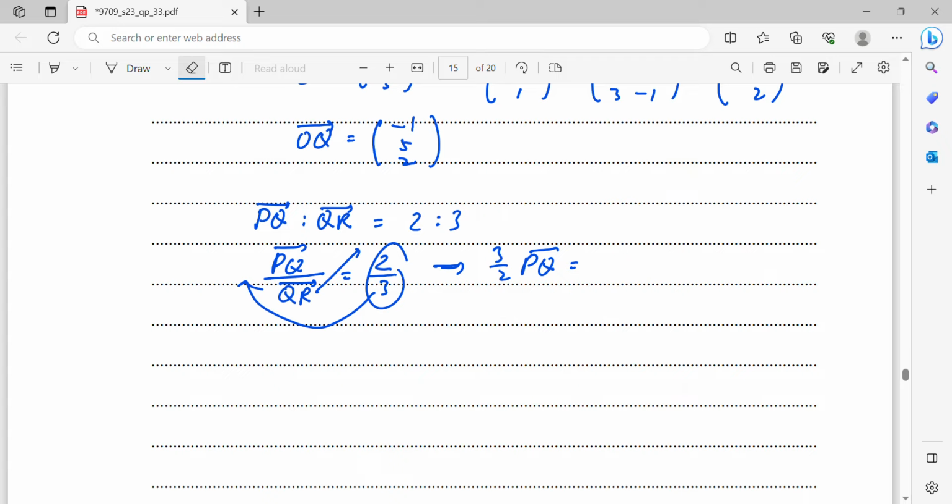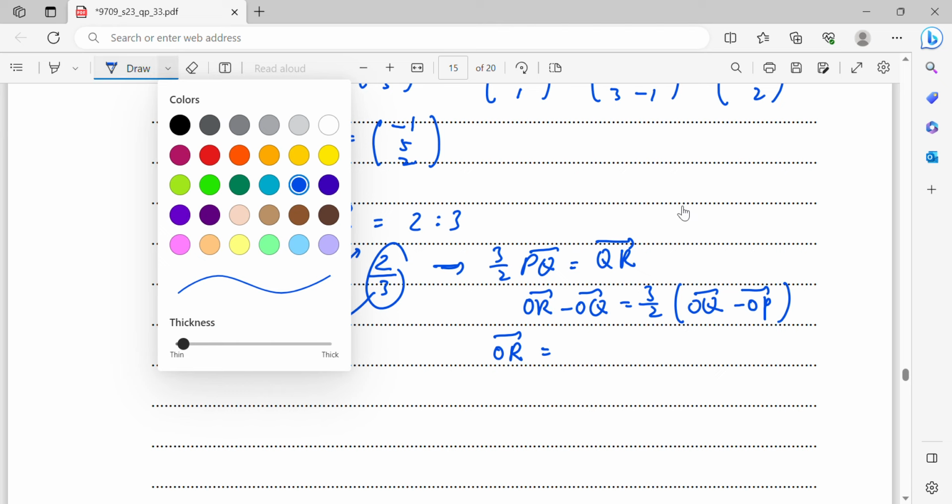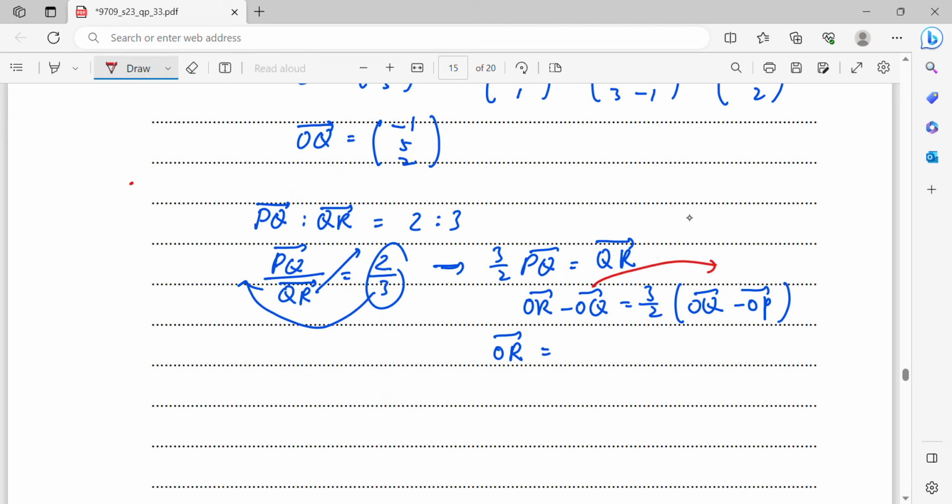So I will write this is the same as QR. So my vector QR is OR minus OQ equals 3 over 2 of PQ, which is OQ minus OP. Then from here, for my OR, this minus OQ will be moved to the right side, so it becomes plus 1 OQ plus 3 over 2 OQ.